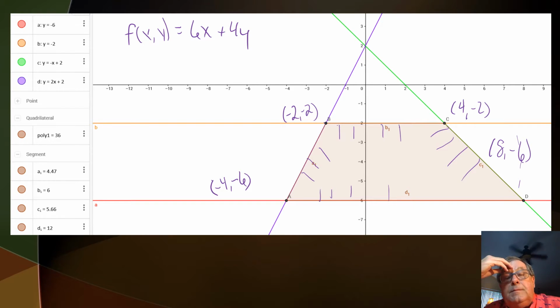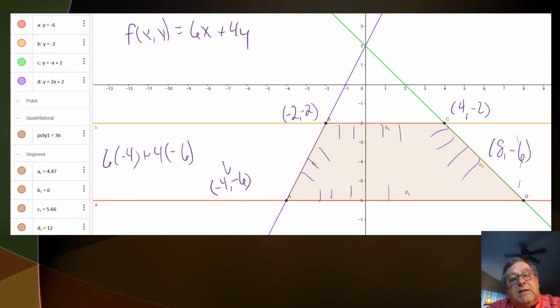Let's use this one first. 6 times negative 4 plus 4 times negative 6. 6 times negative 4 is negative 24, and 4 times negative 6 is negative 24, so we get negative 48.